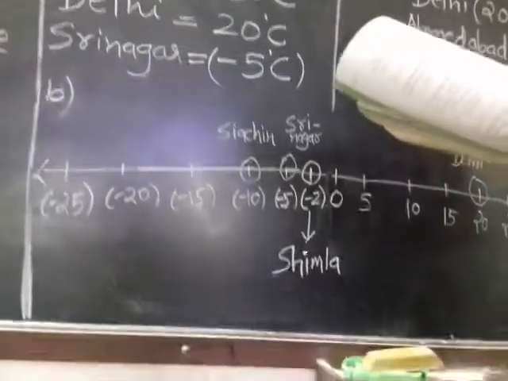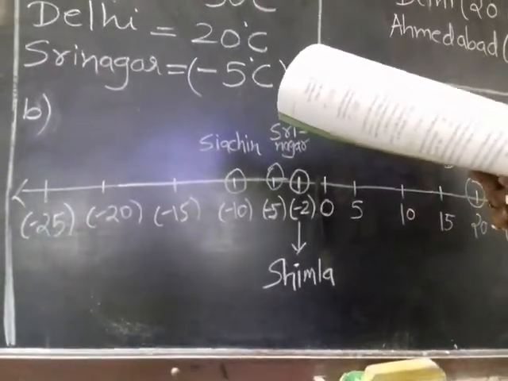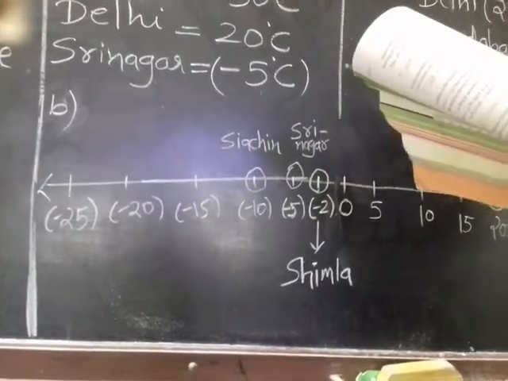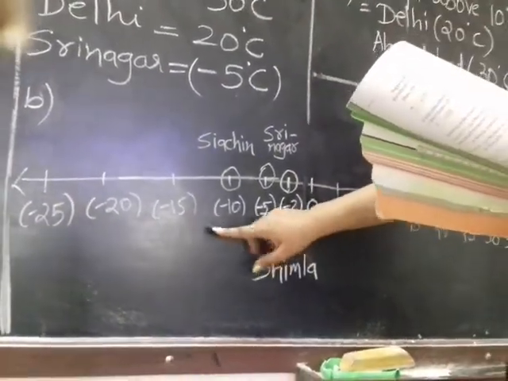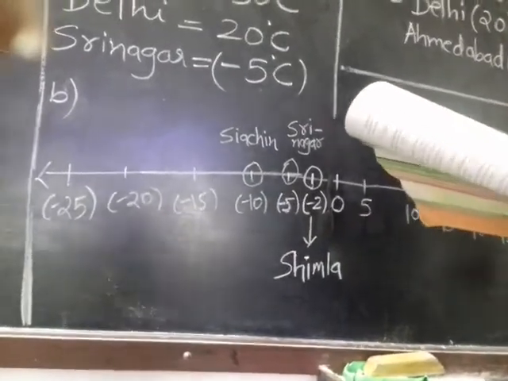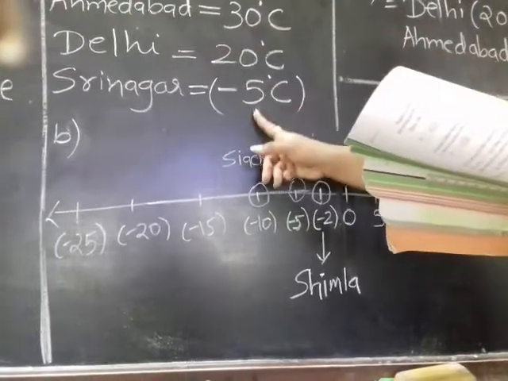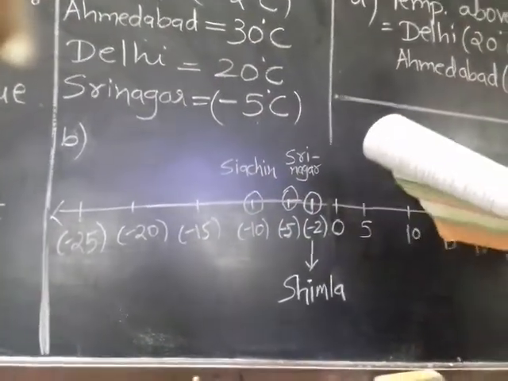Moving on to B. Following is a number line representing the temperature in degree Celsius. Plot the name of the city against its temperatures. Now see, this is a number line given, right? The numbers are already given on the number line. Only you have to see these numbers and write the name of the places.